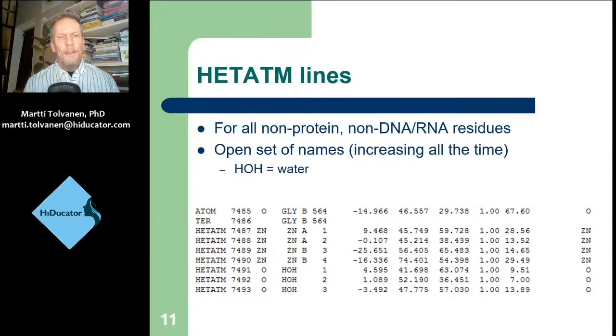Now the het atoms are all the non-protein, non-DNA or RNA residues. Whereas those standard components of protein and nucleic acids have just a small number of residues with standard names, these heteroatom groups can be just anything.